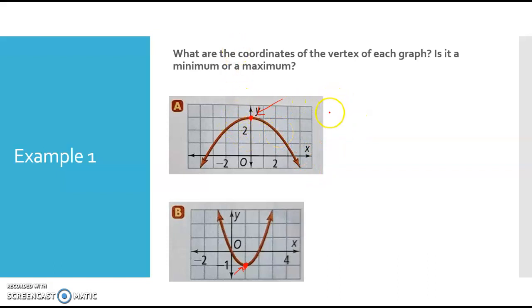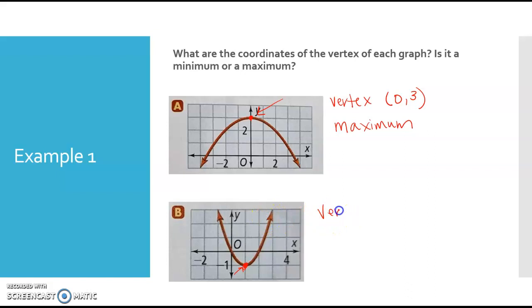So for A, our vertex is sitting at the point 0, because it's on the y-axis, 0, 3. And then because it's at the top, this is a maximum value. If we look at B, our vertex is at the bottom of the U, right?